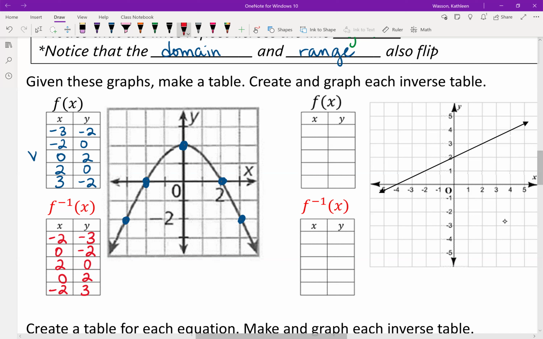-2, -3, 0, -2, 2, 0. That's on both graphs. 0, 2 is also on both graphs. And -2, 3.